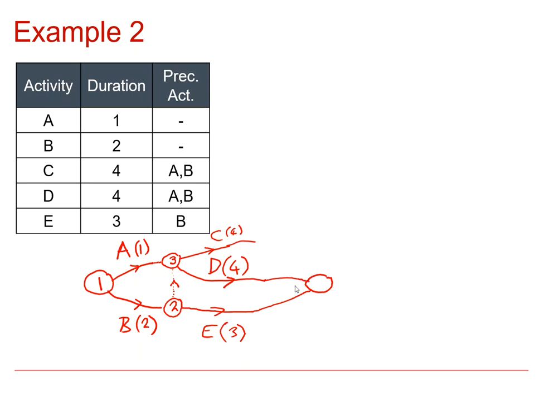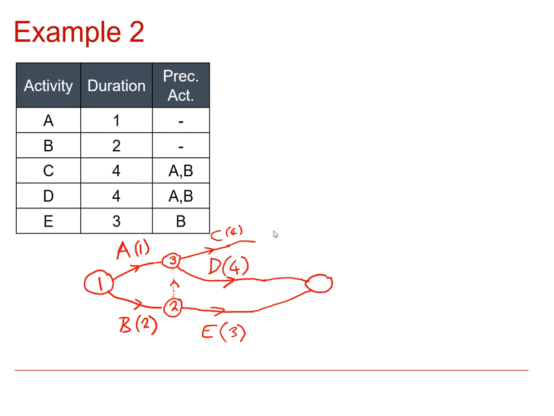So far, so good. And it's tempting just to do the same thing with this as well. Just take activity C and say, well, I can join that on. The only reason I'm not going to do that is, if you remember the requirement that was mentioned at the end of the first video, that each activity has to be uniquely described in terms of an ordered pair of events.